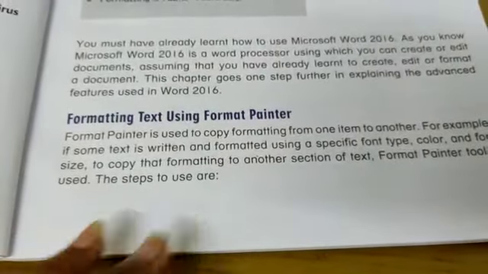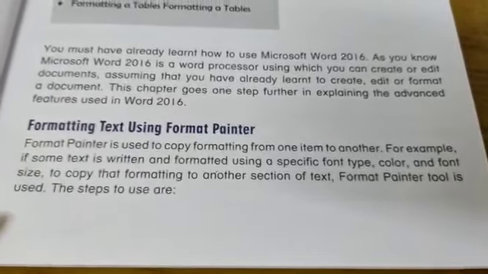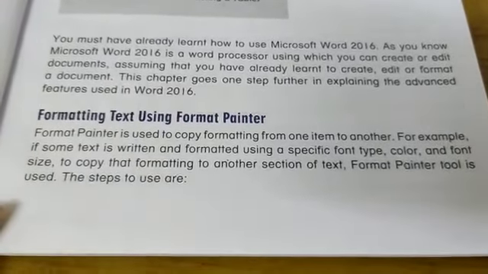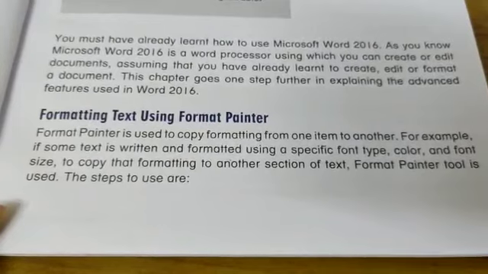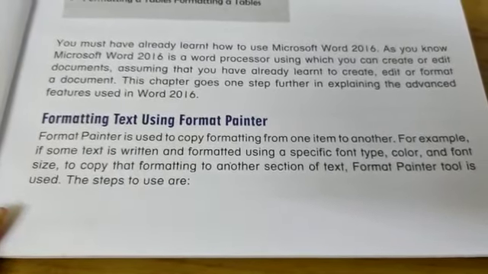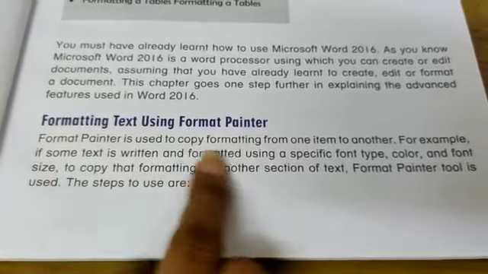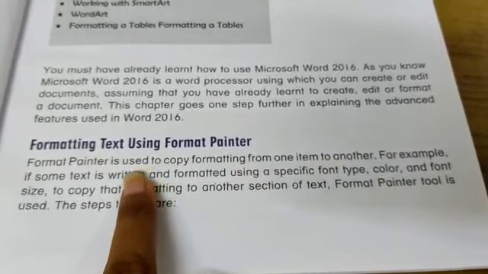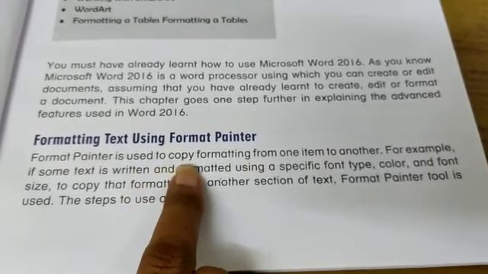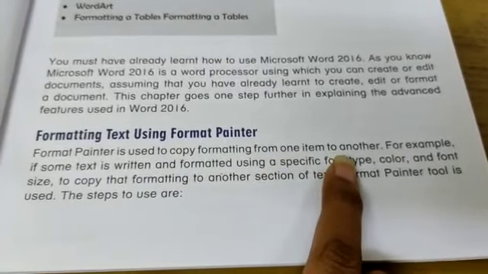Now, we'll start with the first topic, formatting text using Format Painter. Format Painter is used to copy formatting from one item to another. Please underline this. What does Format Painter do? It is used to copy formatting from one item to another one.